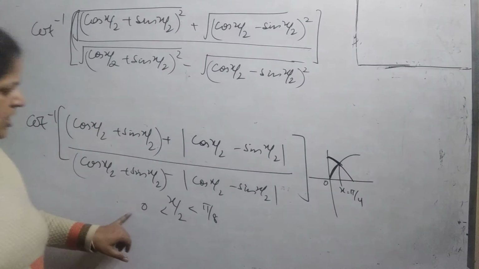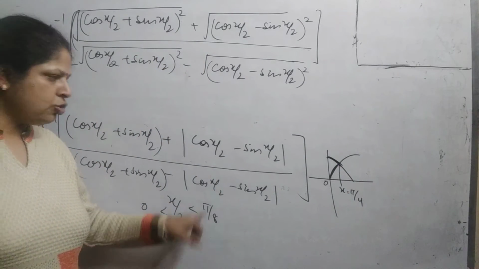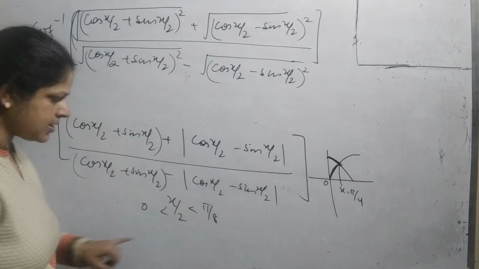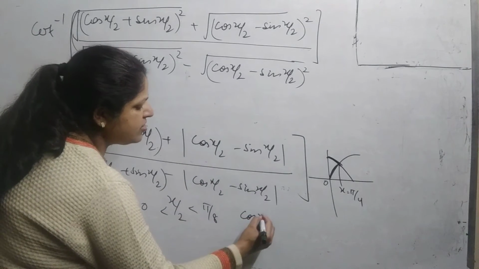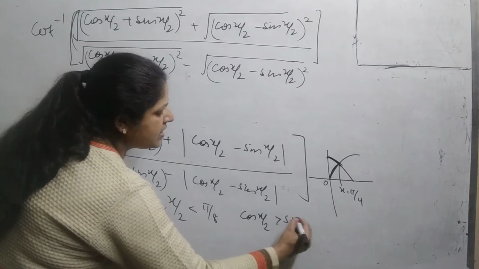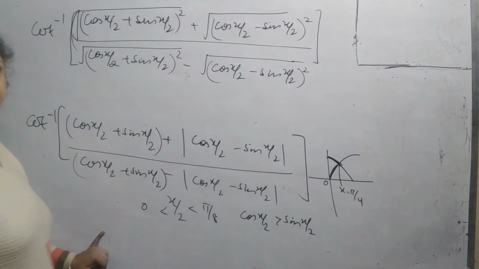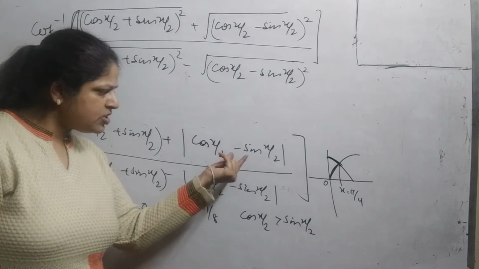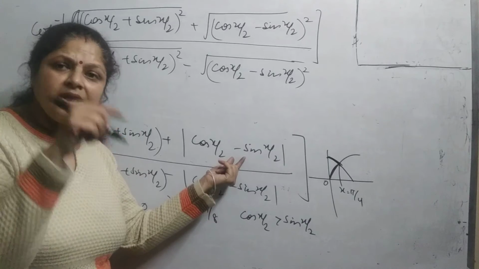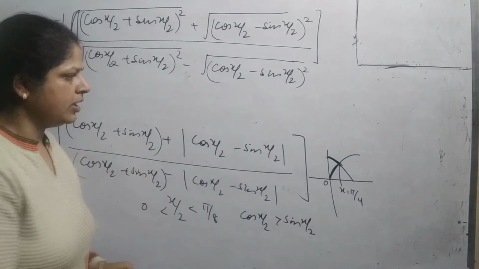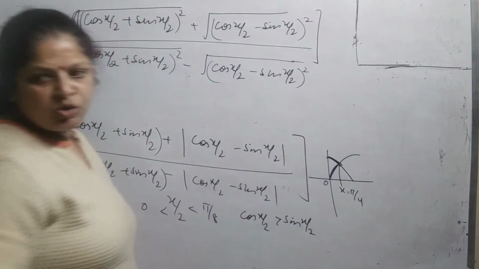It means when x is going from 0 to pi by 8, cos x by 2 is greater than sin x by 2. It means the quantity which is lying inside the mod is positive. If mod x, what do we say about mod x?